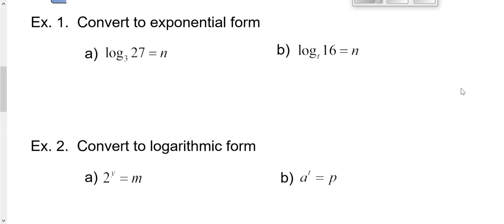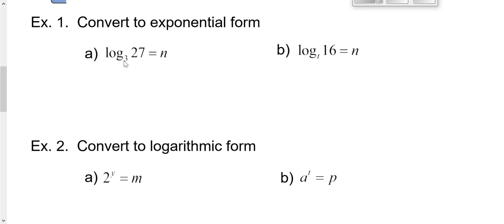Convert to exponential form. So this is the logarithmic form, so let's convert this into exponential form. That means we don't want the log there. There are two ways you can do that. As you all know my style, I want to show you as many ways as I can so that if one way doesn't make sense, at least the other way hopefully would. The first way, you can think of this as a shortcut: to have the exponential form, we want to get rid of the log.